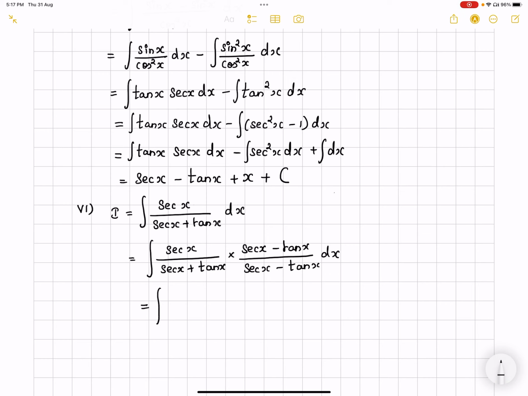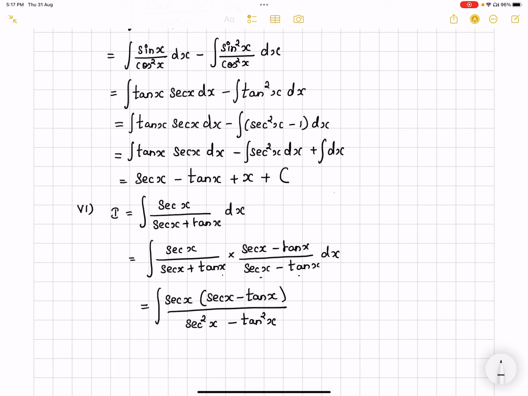So what we would be getting here is, in the numerator, secant x into secant x minus tan x, divided by, see here, a plus b and then a minus b, which is going to be a square minus b square. It's going to be secant square x minus tan square x.